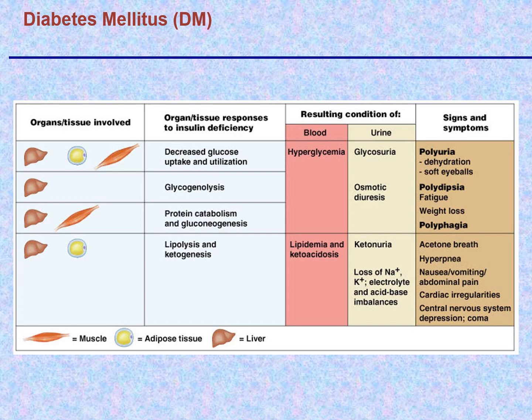You have a decreased ability to take up glucose and use glucose. Even though the glucose is there, in the blood plasma you have hyperglycemia, because of the higher levels of glucose that can't be taken up. In fact, the high levels result in glucose spilling out in the urine, so you get glycosuria.